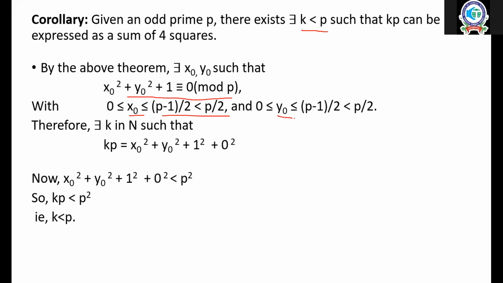But how, therefore, does there exist a k in N such that this holds? Oh, okay. That is because p divides that quantity, p divides this left hand side here. So kp equals that. Okay, that is also fine. So finally, this kp is less than p square. Fine. So then k is less than p. Okay, good, nice.